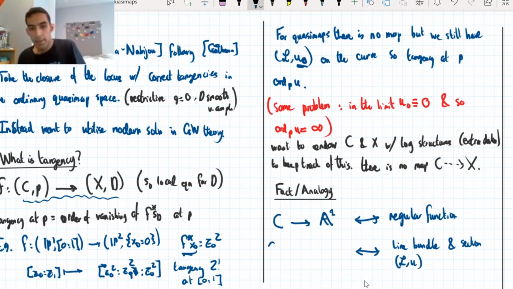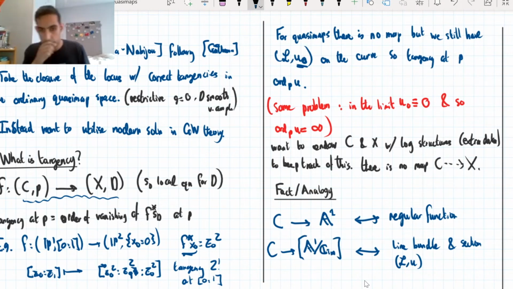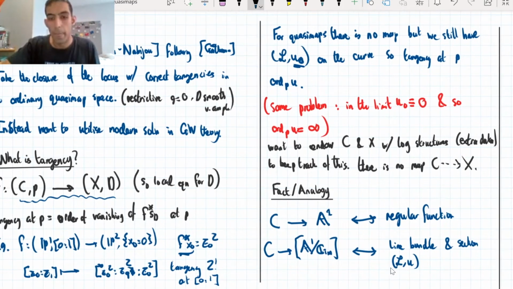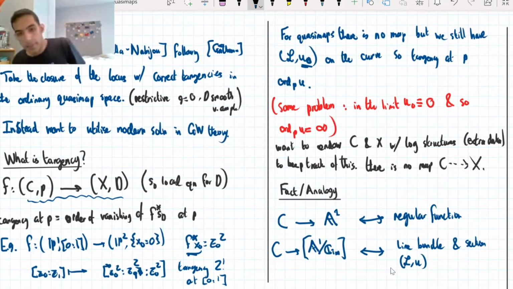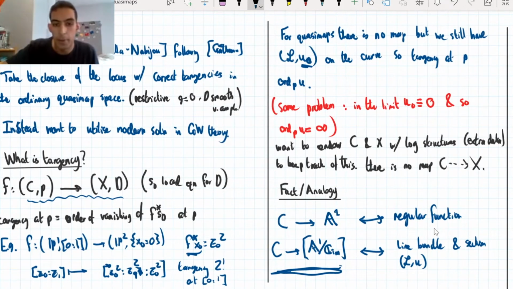That's not the same thing as a map to A1, but it's the same thing as a map to A1 modulo C star. Okay, so I guess that's just a definition. But the point is, whatever this thing is, now we have an actual map.